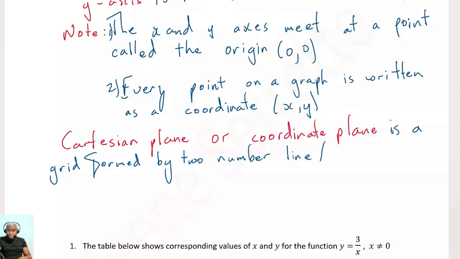These number lines will be your x axis and your y axis, right?